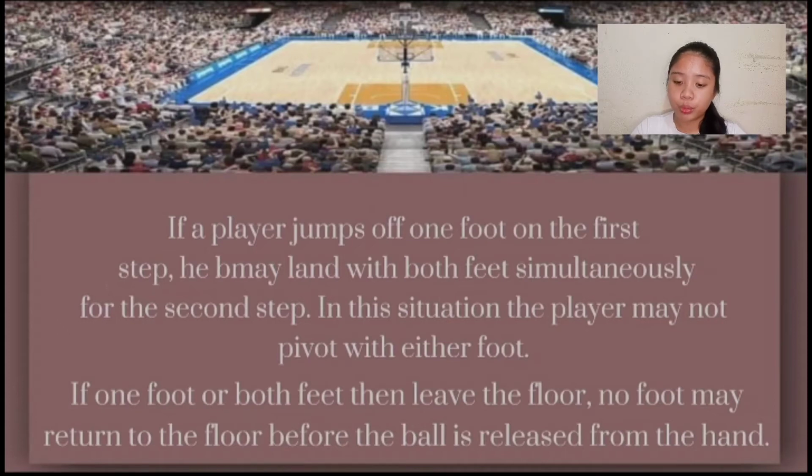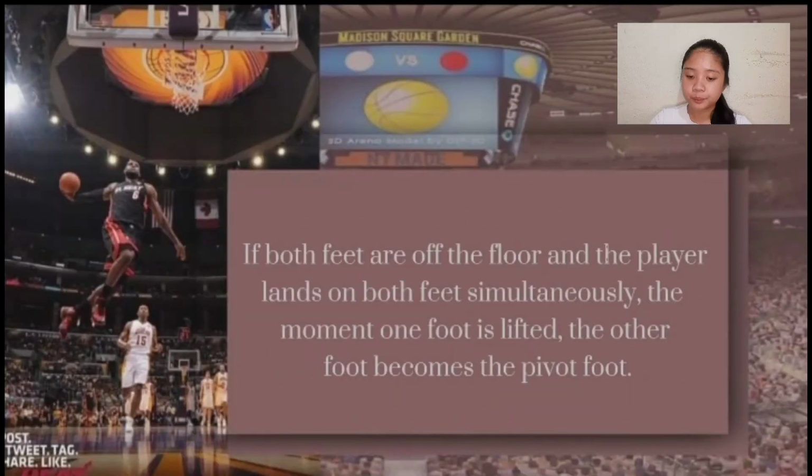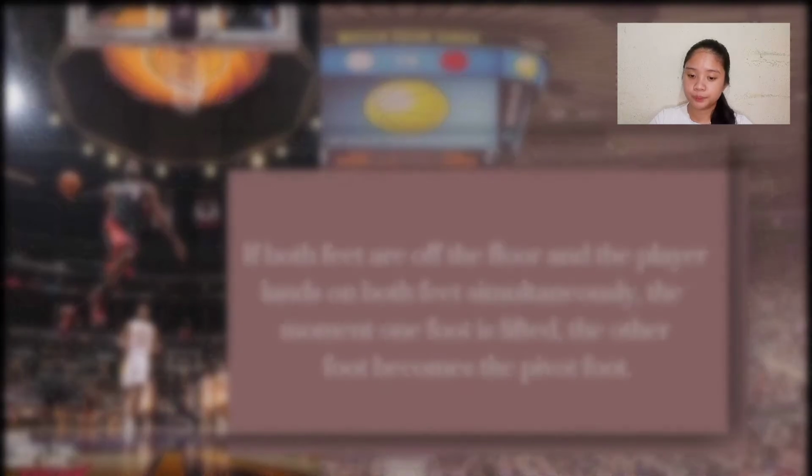If one foot or both feet then leave the floor, no foot may return to the floor before the ball is released from the hands. If both feet are off the floor and the player lands on both feet simultaneously, the moment one foot is lifted, the other foot becomes the pivot foot.